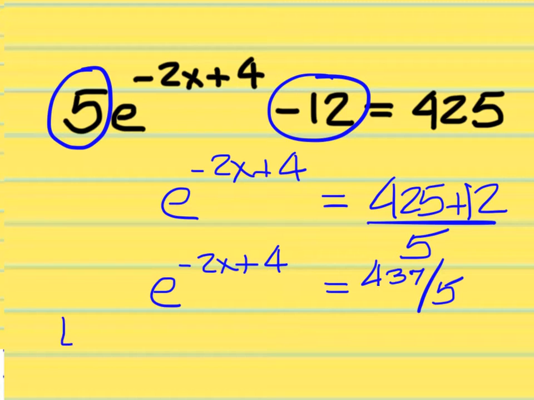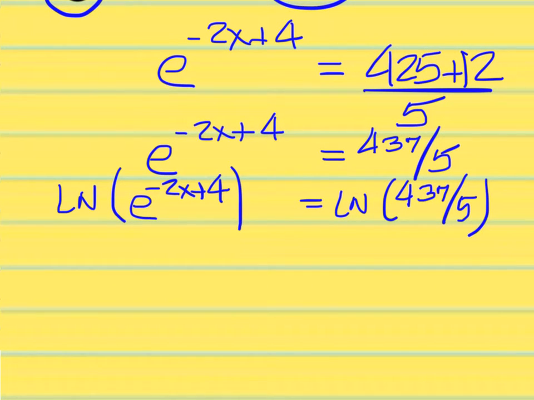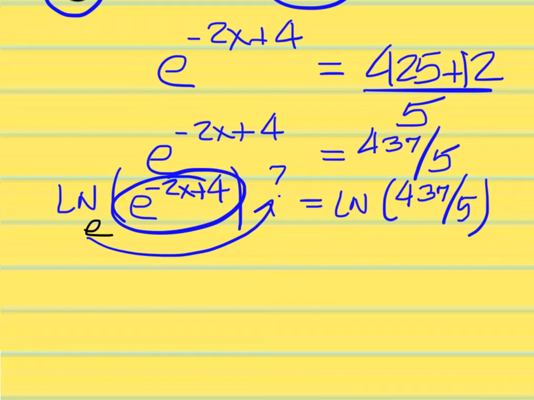So now we need the log natural of both sides. So log natural of e to the negative 2x plus 4, and then log natural of 437 over 5. Now we know in this case over here that log natural has a base of e, and e to some power is going to equal this.